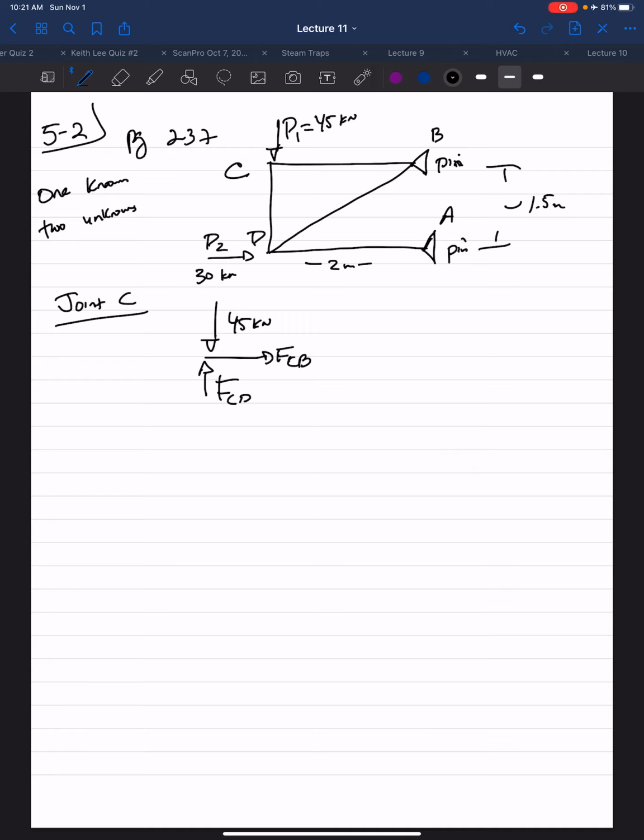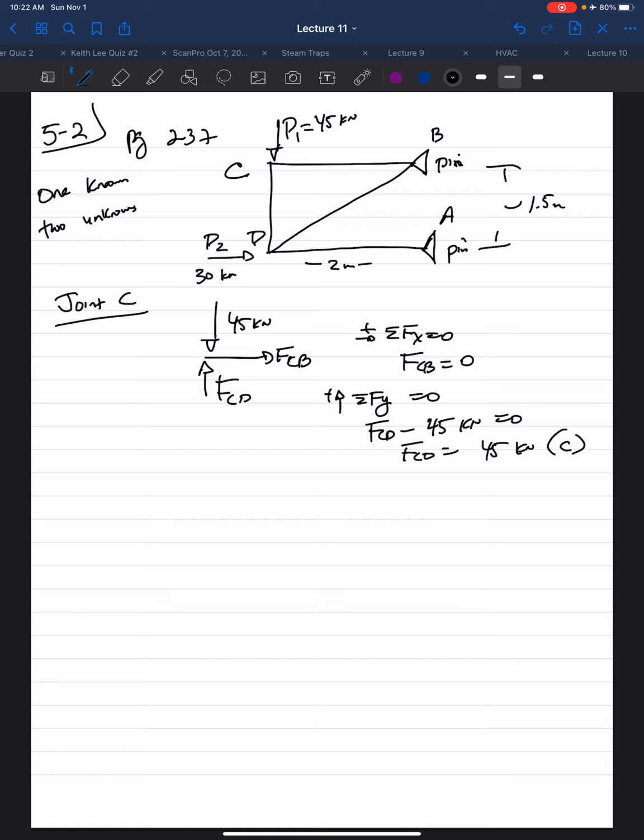So then if we solve this problem out, sum of our forces in the X direction equals 0. FCB equals 0. Sum of forces in the Y direction, we have FCD minus 45 kilonewtons. FCD is equal to 45 kilonewtons, and that is in compression.